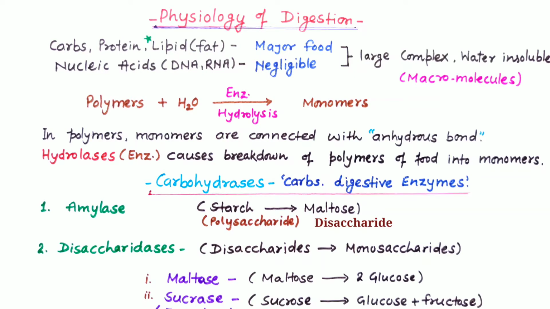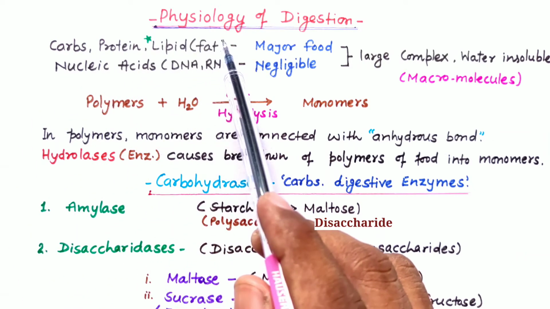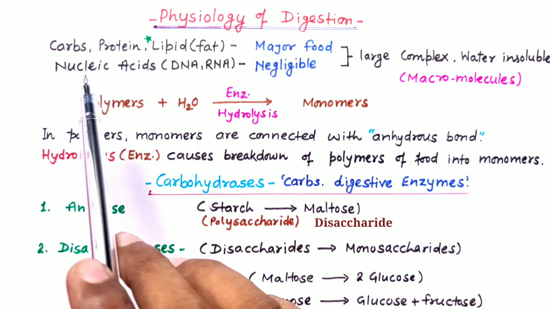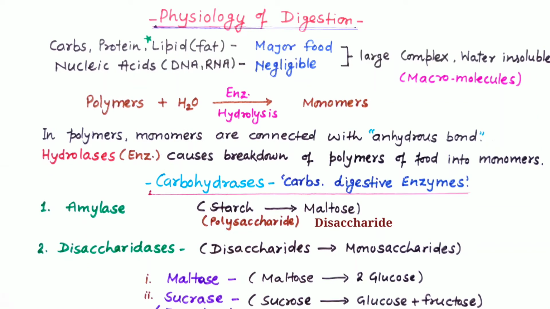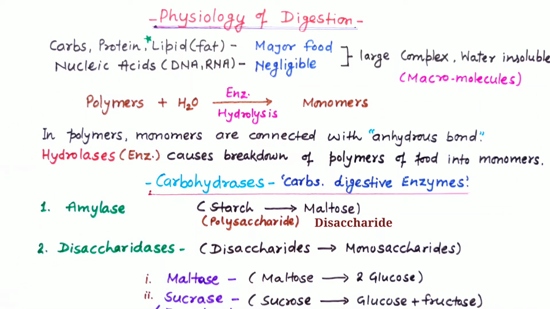These are the macrobiomolecules taken as nutritive substances. The major nutritive substances are carbohydrates, proteins, and lipids or fats. These are the major food sources. Along with this, a very small, nearly negligible amount of nucleic acid is also indirectly taken in.